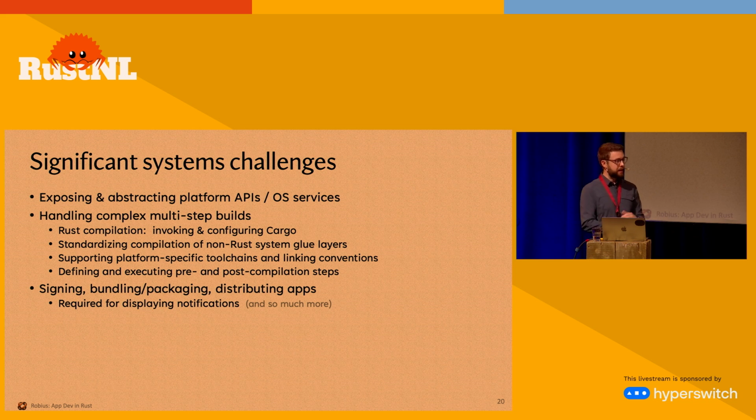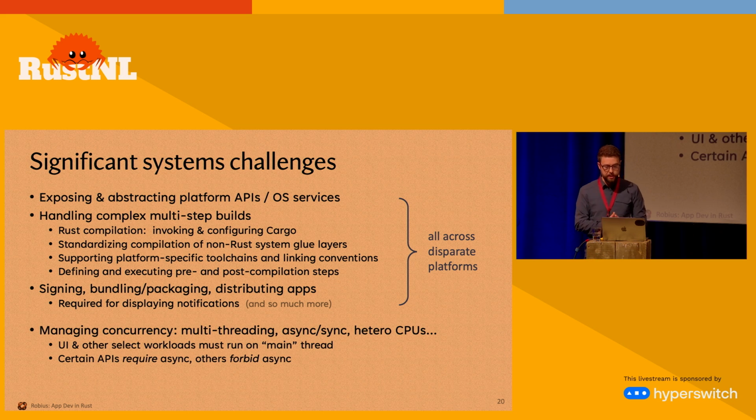Then, if you want to actually publish an app and distribute it on the App Store or a package manager on Linux or something like that, you generally need to sign, bundle, and package it properly. In some cases, this is actually required to even get basic features to work, like displaying system notifications on Apple platforms. So the real challenge here is doing all of this in a somewhat consistent way across widely disparate platforms.